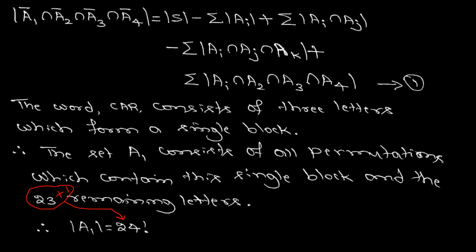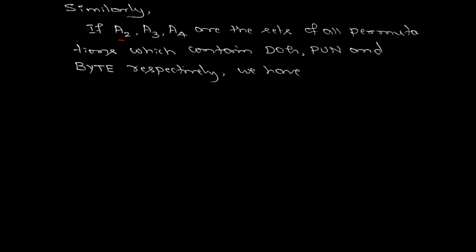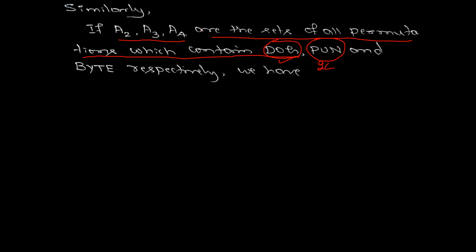Similarly, we will find A2. If A2 and A3 are the sets of all permutations which contain dog, this is also a three letter word, so it will be 24 factorial. The other one is also a three letter word, so this will also be 24 factorial. And the next one is byte, which contains 4 letters. So we do 26 minus 4.